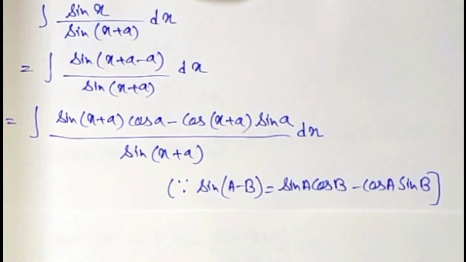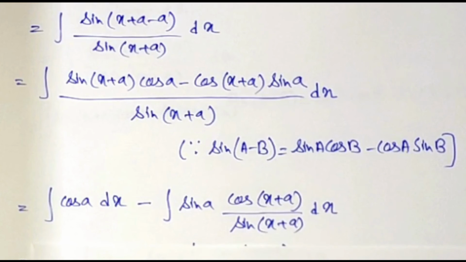So we get integration sin of x plus a into cos a minus cos of x plus a into sin a divided by sin of x plus a dx. Next step, let's separate them. Then we will get integration cos of a dx minus sin of a into cos of x plus a by sin of x plus a dx.